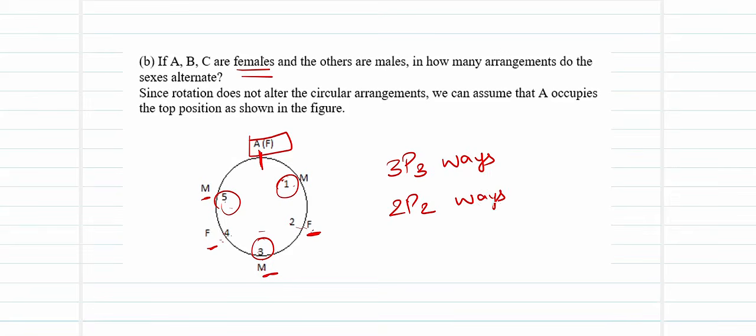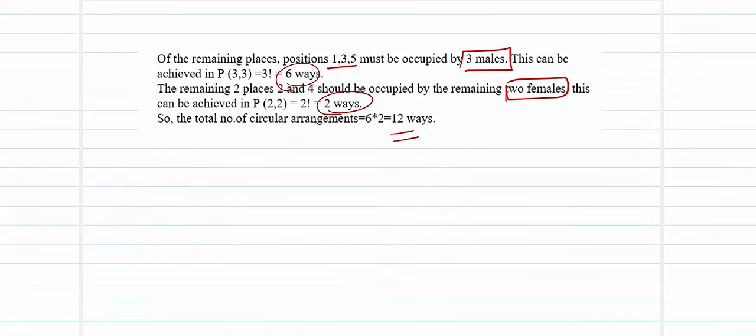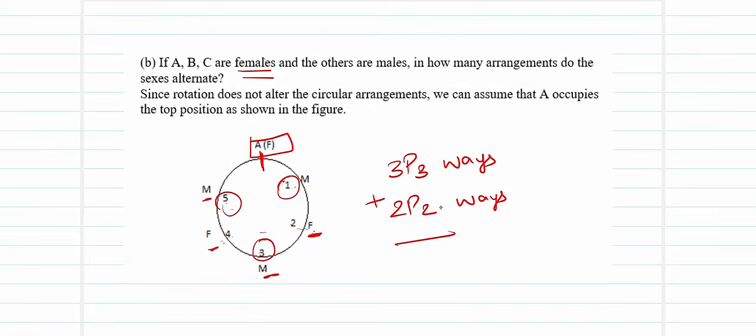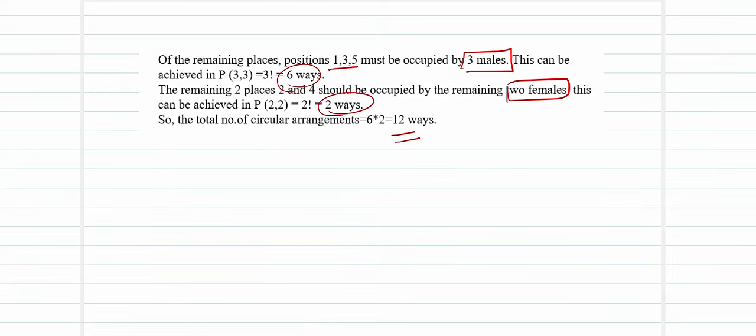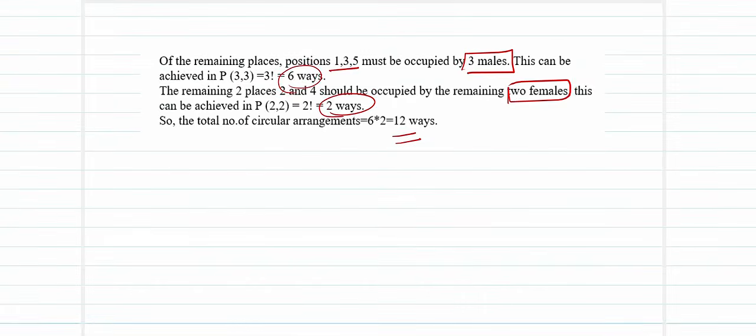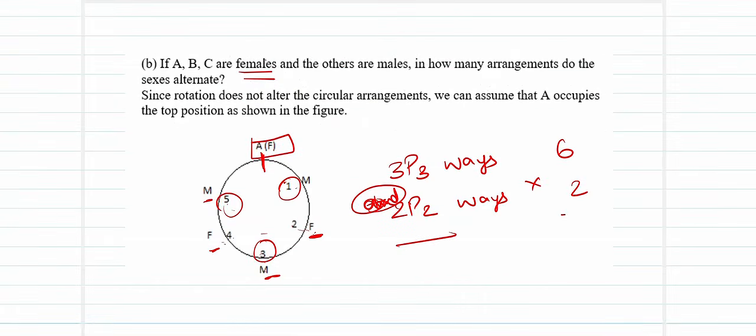The total arrangement will be 6 into 2, because both this and this, not an or, so this is an and. 3P3 is 6, and 2P2 is 2, so it is 6 into 2, which is 12 ways.